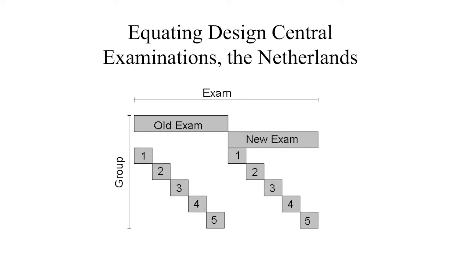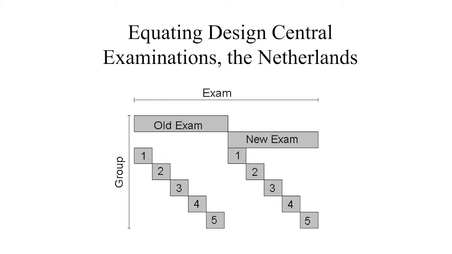In the Netherlands at this moment, we have two designs. One of them, which I will present to you, is for the modern languages, English, French, etc. And it works like this. You have the examination in year 1 and the examination in year 2.